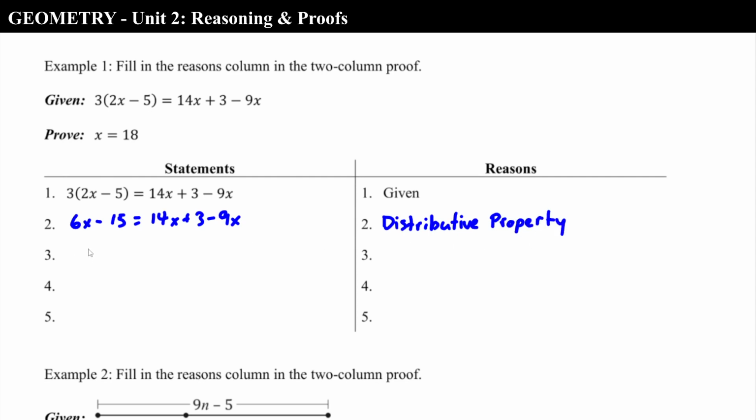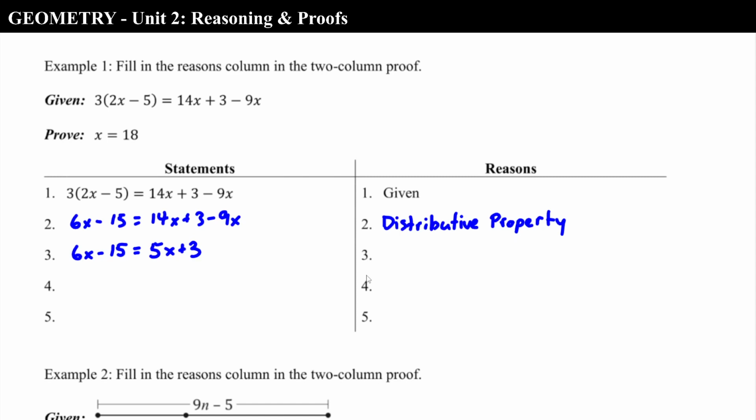Okay. Now, as we move on down, we're going to combine the like terms here. Okay. So all of this is stuff that you did back in Algebra 1. So 14x minus 9x gives us 5x. And our reason is not going to be stated as combined like terms.